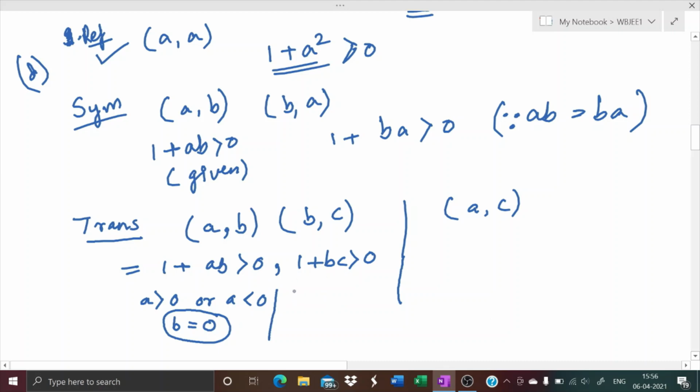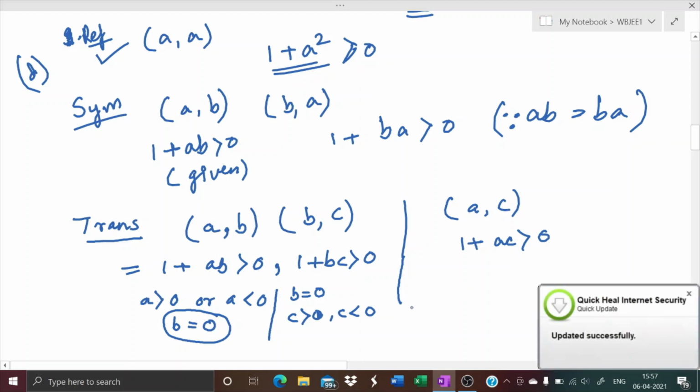Again from here we are getting B equals 0 and C is something greater than 0 or less than 0, we don't know. So over here also this is satisfied: 1 plus BC greater than 0 is satisfied. Now in the third condition, suppose I have 1 plus AC greater than 0. I can have A positive and B 0, or A negative and B 0.